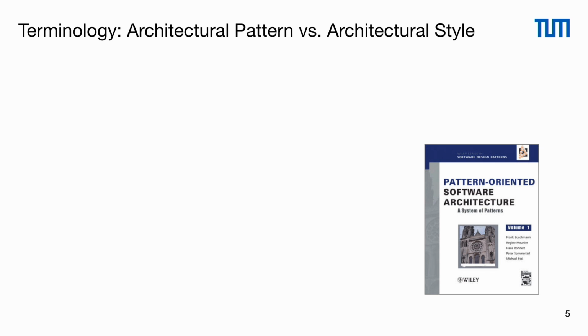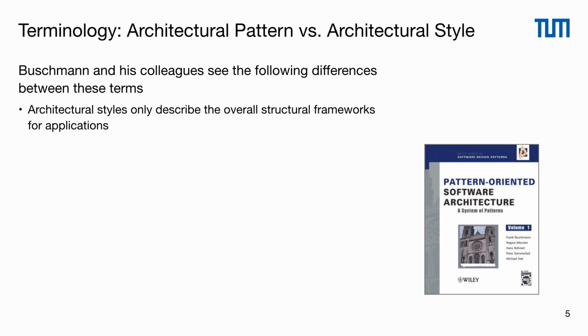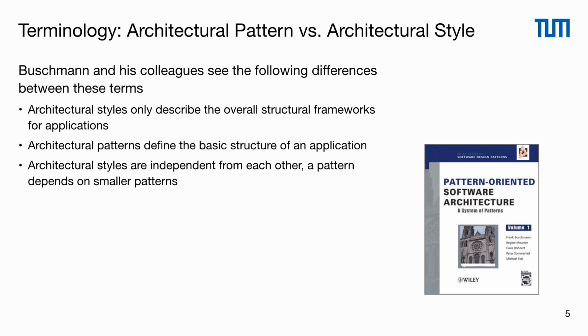Regarding the terminology, we have a closer look at the two terms architectural pattern and architectural style. Buschmann and the Gang of Five saw the following difference between the terms. They defined that an architectural style only describes the overall structural framework for an application, whereas an architectural pattern defines the basic structure of an application. Styles are independent from each other, and patterns depend on smaller patterns.